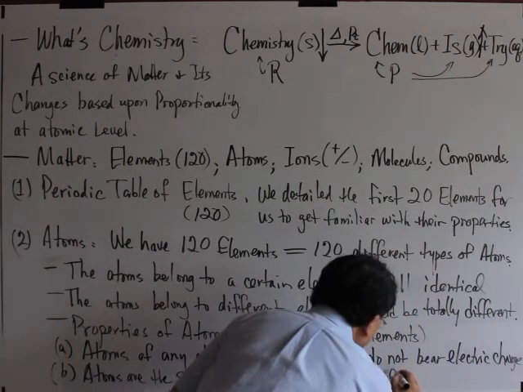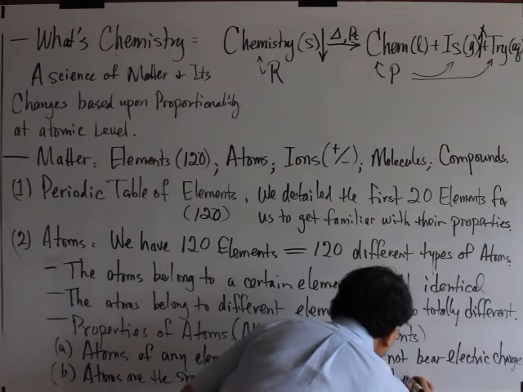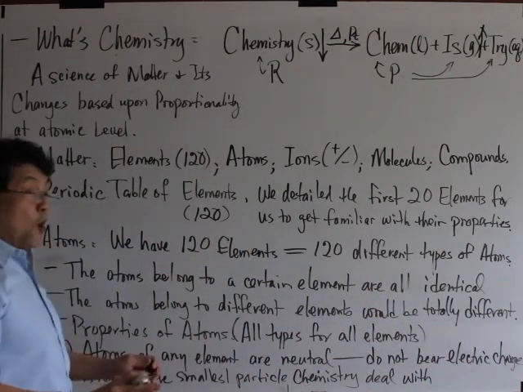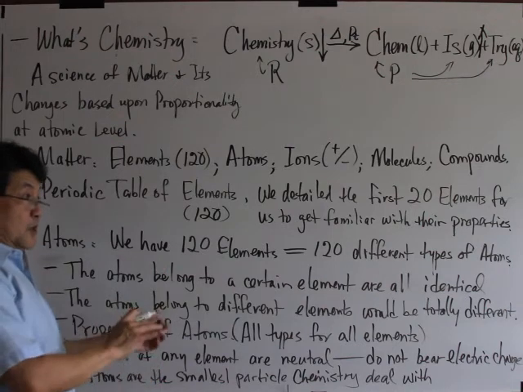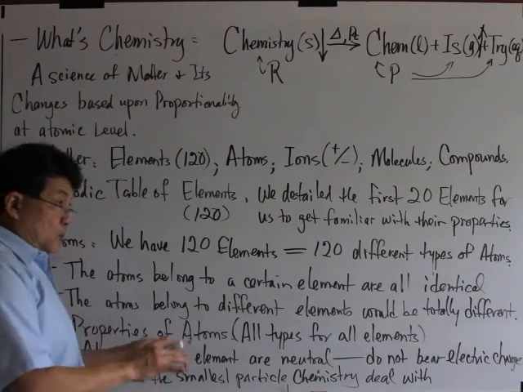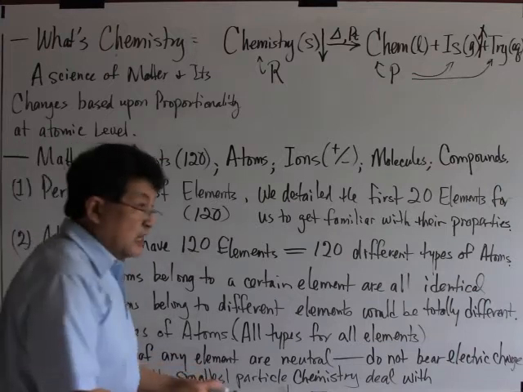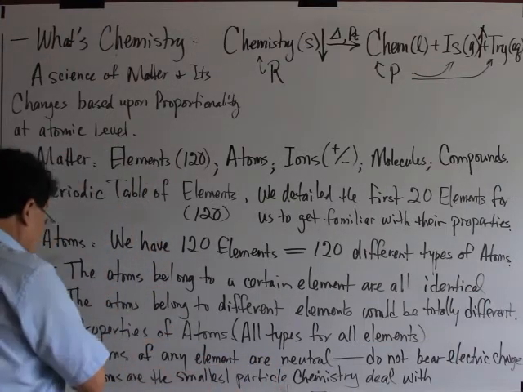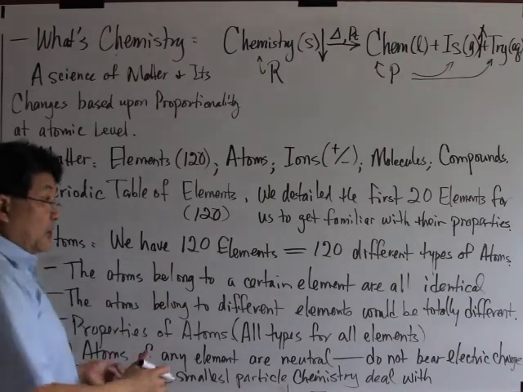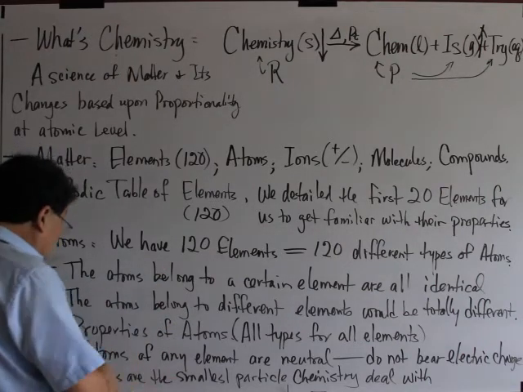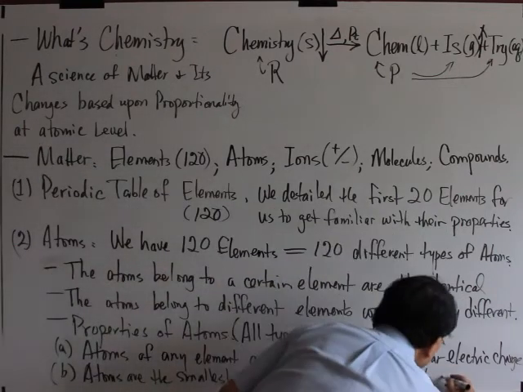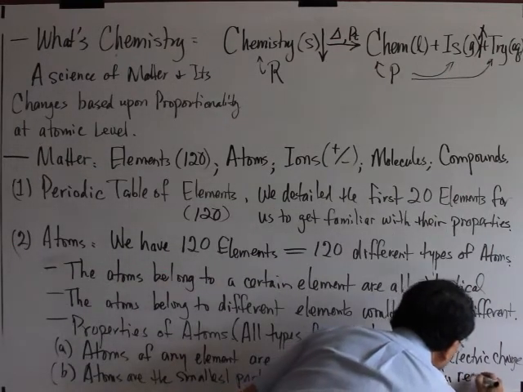We do deal with some subatomic particles, which are proton, neutron, and electron. The electron is the most important part of chemical bonding. So we're going to deal with their property and their behavior in chemistry. But what we talk about here is the smallest particle chemistry deals with in, let's put here, in reaction.